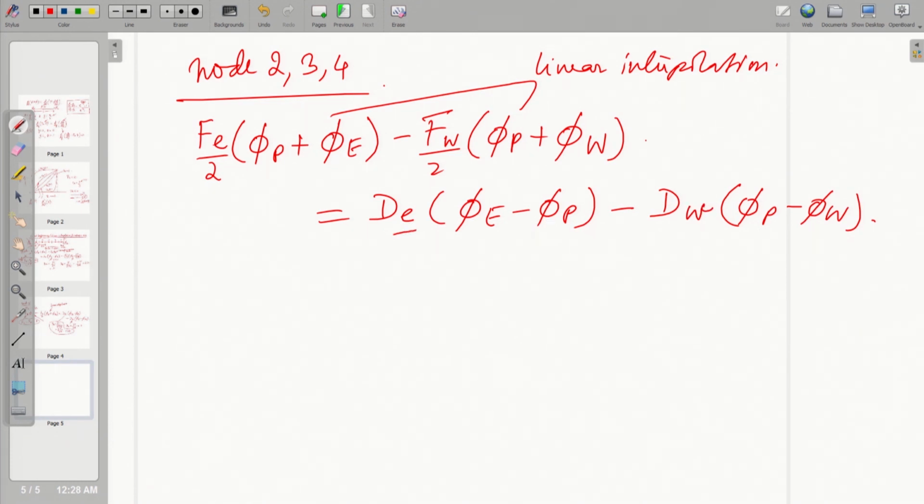Remember that these are small e's and small w's. And finally, what do we have? If we rearrange the equation, it would look somewhat like this.